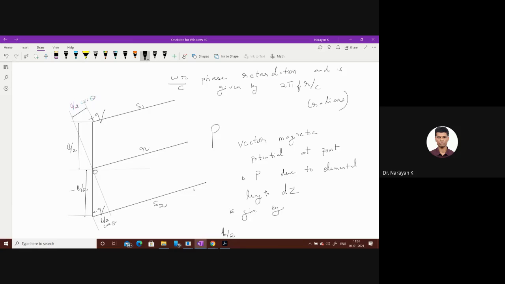So this is your charge minus q. From the charge minus q to point P, distance is S2. And for charge plus q to point P, distance is S1. Is it clear? Yes, sir.